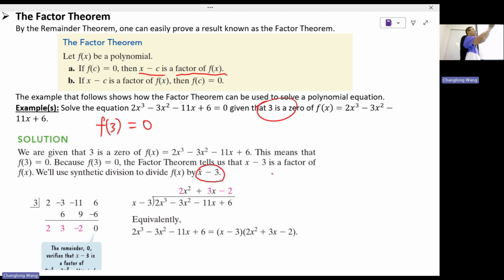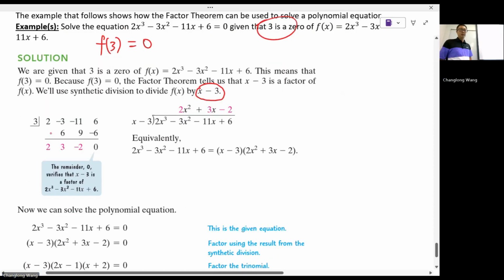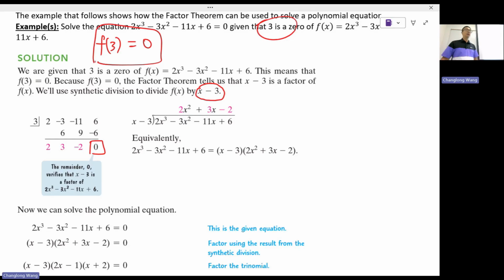Well, like I said, how would you know 343 has a factor of 7, and what would you get once you factor out the 7? You do the division. So you do the polynomial division, and in this case, you can use synthetic division instead. And you figure that indeed the remainder is 0. Of course, that's guaranteed since we already know that 3 is a 0 of the function.